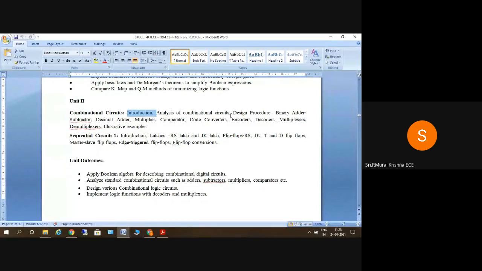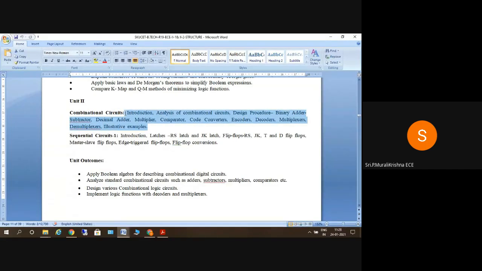We'll see the analysis part and design part once more. We have seen half adders, full adders, half subtractors, full subtractors, the concept of decoders, and the concepts of multiplexers. Next we'll see code converters and encoders, what kinds of code converters there are, and the remaining things. It will take around 7 to 8 classes to cover all of these.